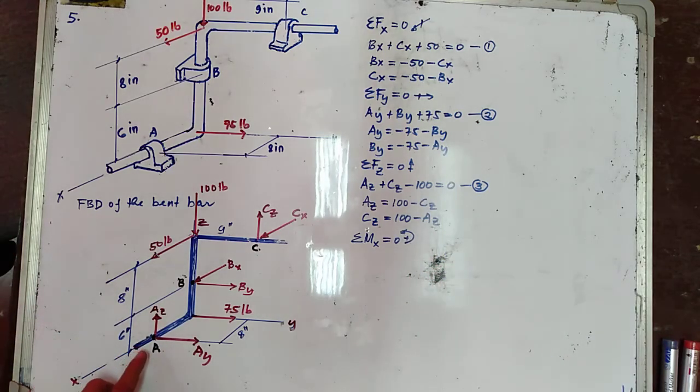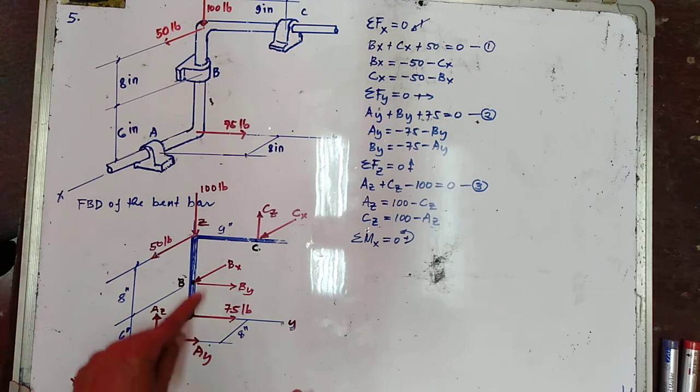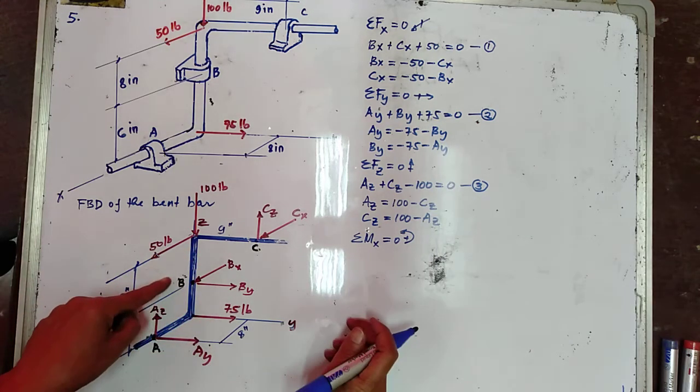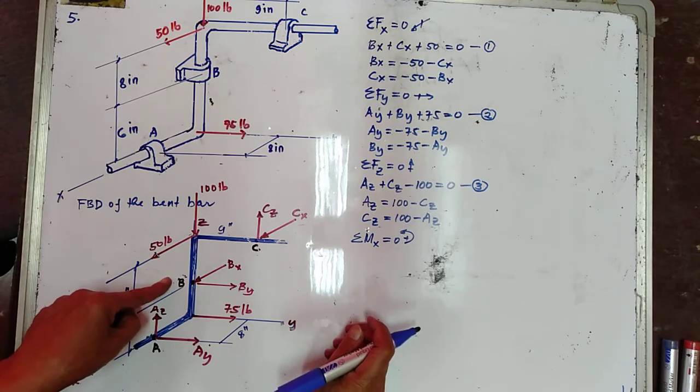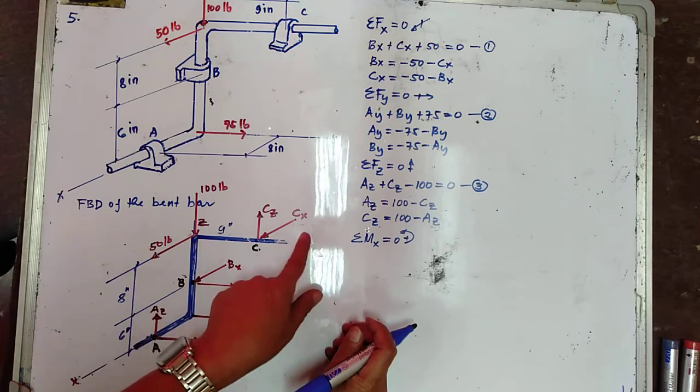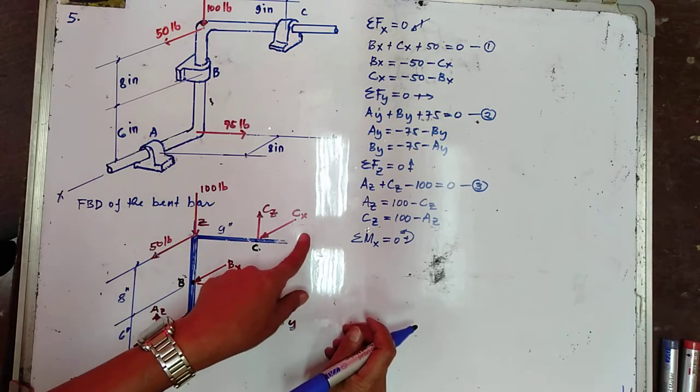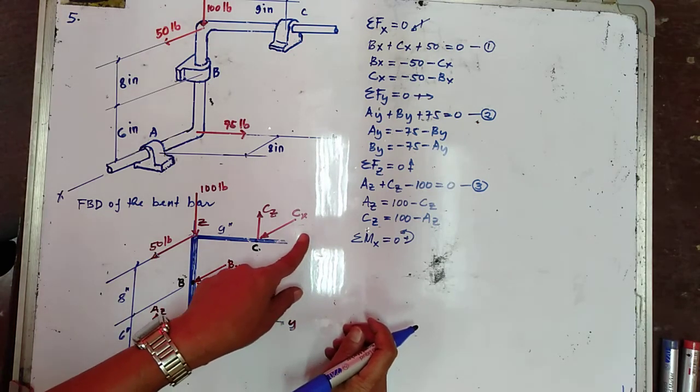Okay, so AZ, AY has no moment, 75 has no moment. So we have BX, BY. Your BX has no moment about the x-axis, and your CX has no moment about the x-axis.